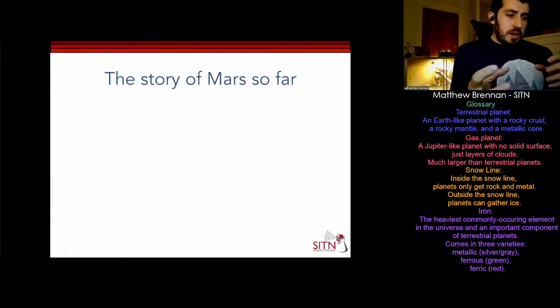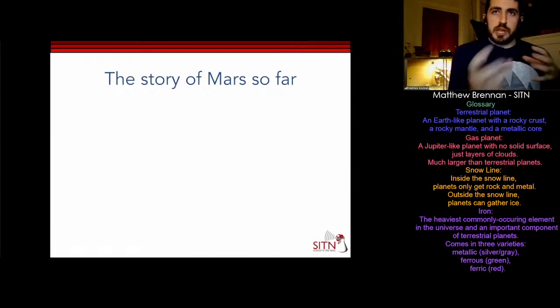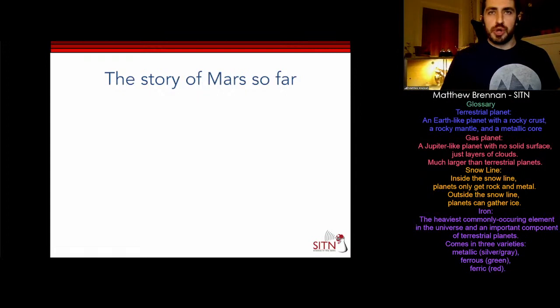So let me just go through and summarize the history of Mars. This is the consensus view of how Mars formed and developed up until the point where it had a large amount of water. This is going to be a timeline in dates after the formation of the solar system. Year zero here is 4.5 billion years ago when the sun turned on.